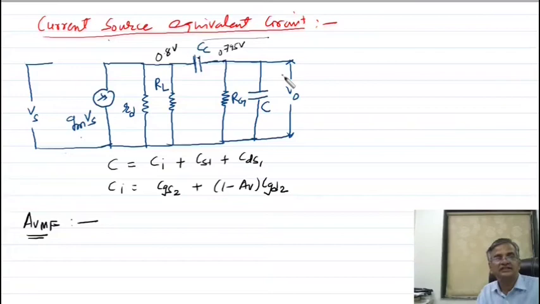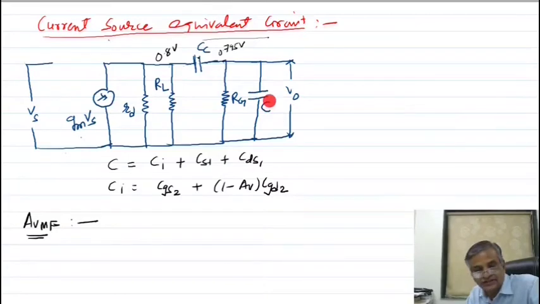You can omit this. Again I am telling you. At the mid frequency, this shunt capacitance C offers very high reactance or resistance to the signal. So this signal cannot pass here. This is very high resistance, so this does not have any effect, or there is no loss of the voltage.